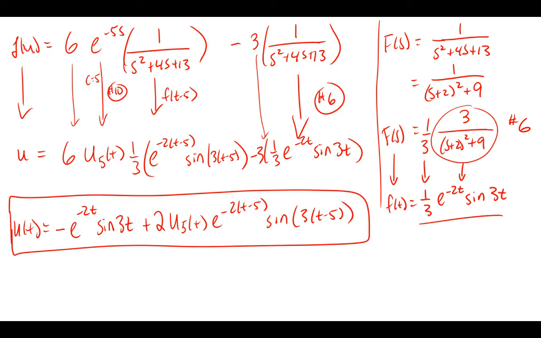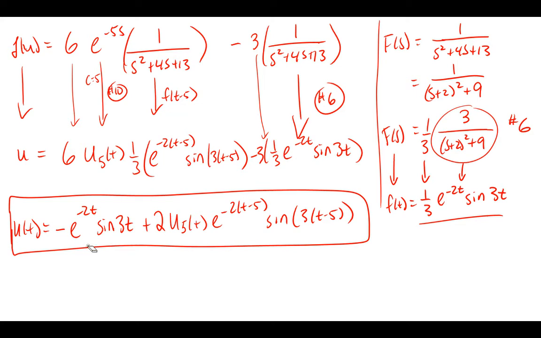So up to time 5, this is blanked out. This is all just 0. So the solution up to time 5 is just the front piece. After time 5, this turns into a 1, and so you'd have both pieces. You'd have the shifted piece plus this initial piece.